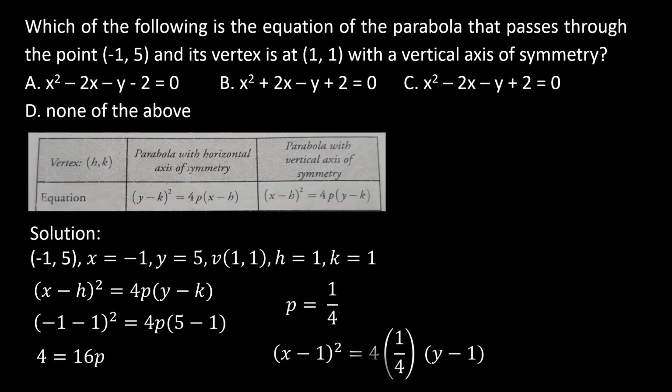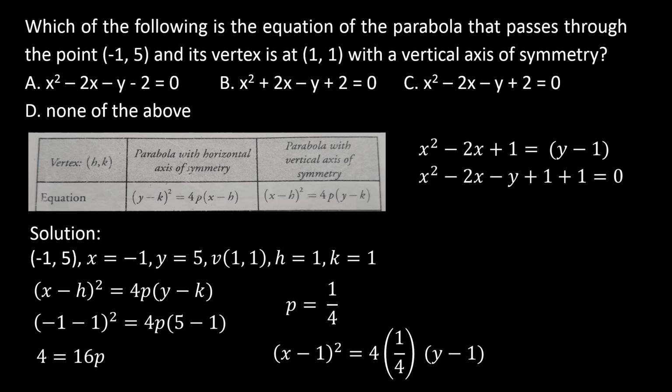Then, using the equation provided, (x - 1)^2 = 4 times 1/4, the value of p, times (y - 1). Okay? Then, simplifying, we have x squared minus 2x plus 1 equals y minus 1. We can now transpose all the quantities from the right-hand side to the left-hand side.